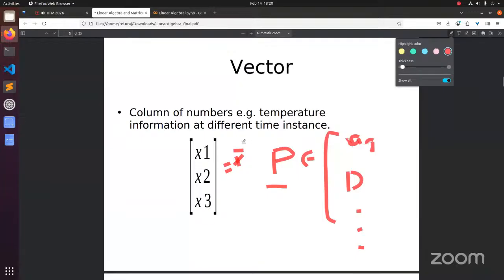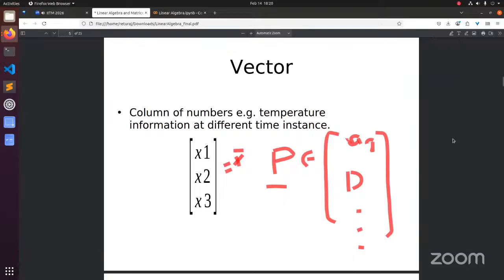It is represented by this vector, and each of these elements x1, x2, x3 is simply some feature of this x bar. Till this point, is everyone with me? Okay. So this is what vectors are.